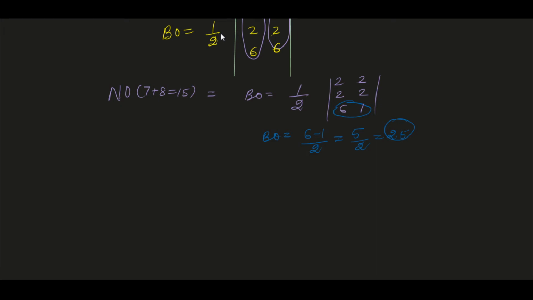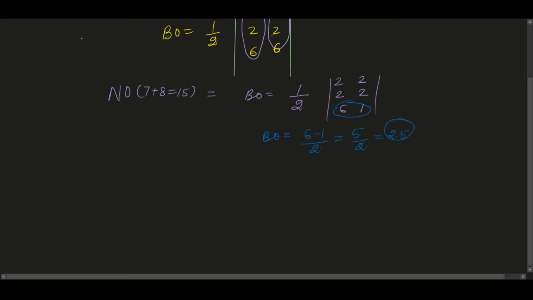So let's see more examples. We are taking now NO plus. So NO plus is how many electrons? 7 plus 8 minus 1, that is 14 electrons. How will we find it? Bond order equals 1 by 2, 2 plus 2, 4 plus 2, 6 plus 2, 8, and 8 plus 6, 14, 0.